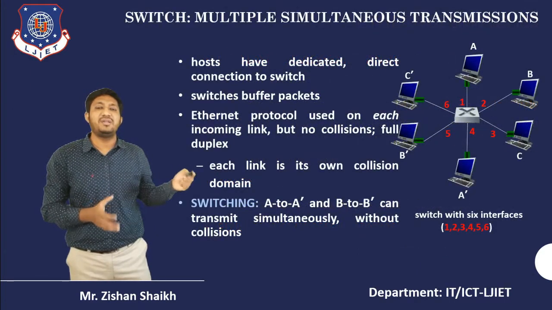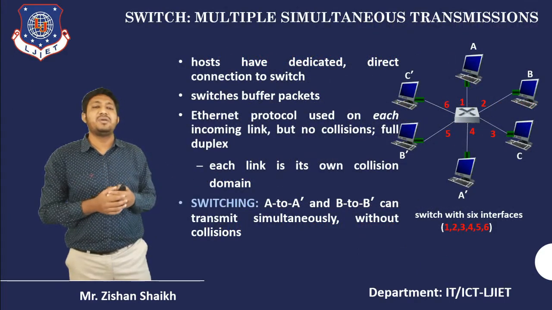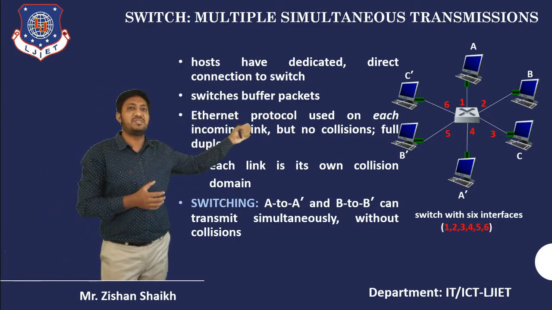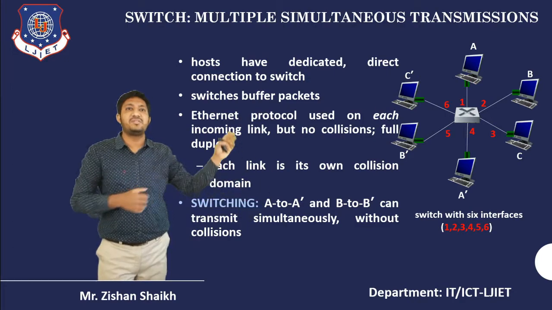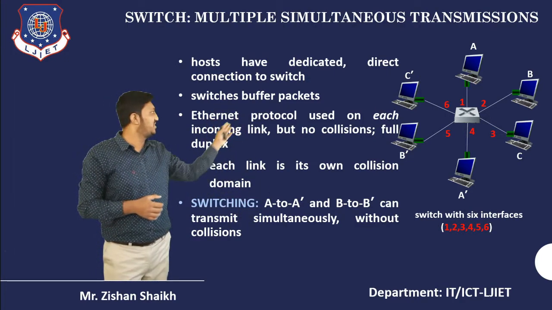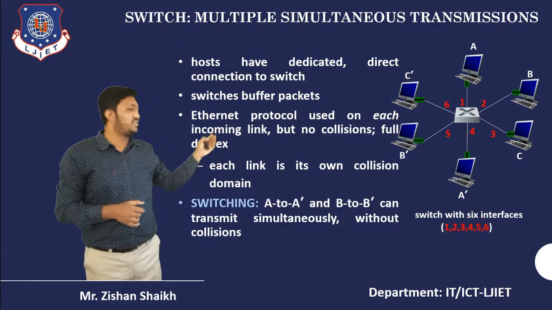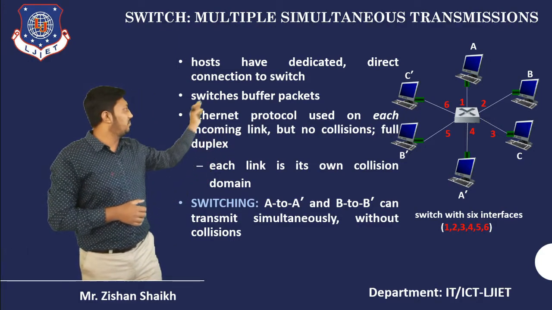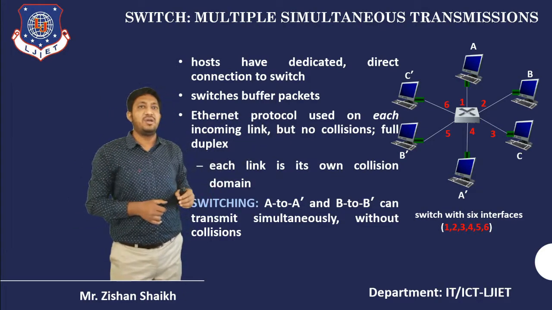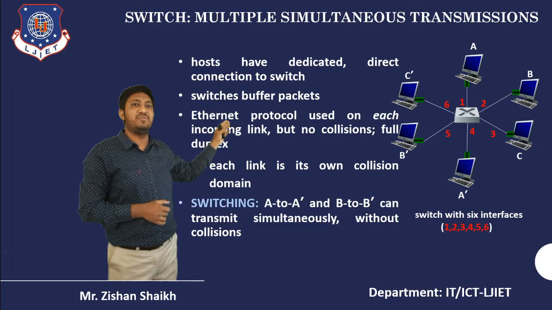Let's understand in detail how packets are sent when a number of hosts are connected to a single switch. We have A, A dash, B, B dash, C, C dash: 6 machines. For connecting these 6 machines, we use one central switch, with dedicated interfaces 1, 2, 3, 4, 5, 6.